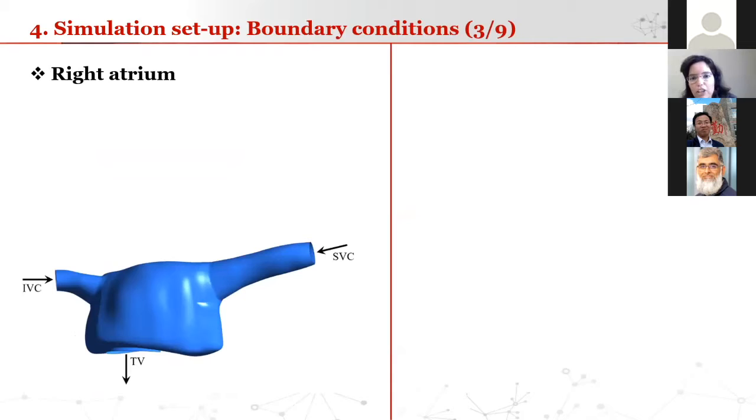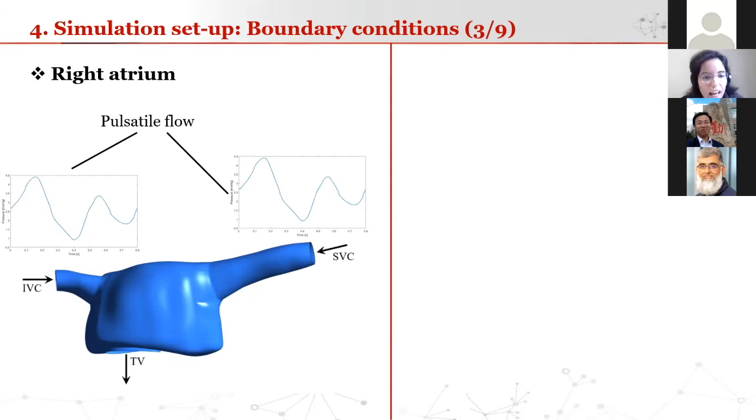So for the simulations, we also had to define specific conditions. As you know, your heart beats many, many times throughout a minute, for example. And to represent that pulsatile behavior, we had to include temporal profiles of pressure. So for the IVC and SVC, we represented the pulsatile flow through these 2D plots.